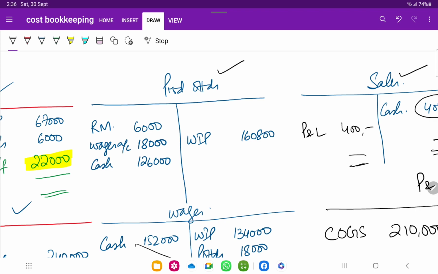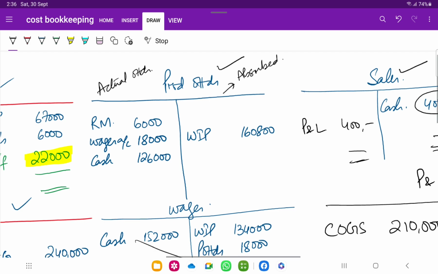In the production overhead T account, the debit side represents the actual overheads incurred during the period, and the credit side represents the absorbed overhead during the period. The difference between actual overheads and absorbed overheads is called either under absorption or over absorption. So let's see which it is.